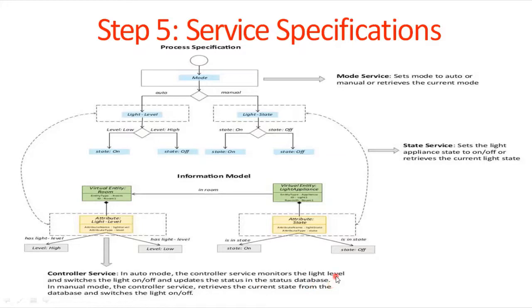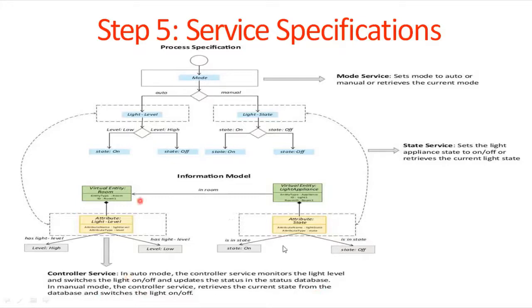That means it is verifying. Monitor the light level: based on the light level, either dark or full light, you will switch the light on or off and then update the status information in the database. And in the manual mode, the controller service retrieves the current state from the database and switches the light on or off.